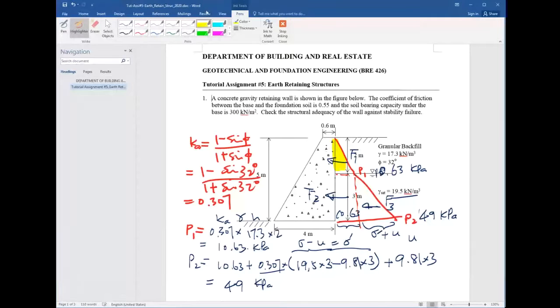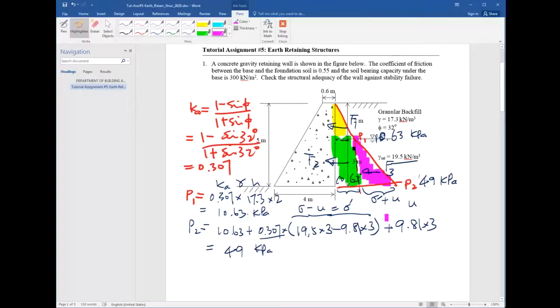So F1, F2, F3. It's very easy. Of course, I cannot do the whole calculation for you, right? You have to work out the area of this, right? Yellow triangle, the green rectangle, and the triangle in purple, right? So you can work out the area.